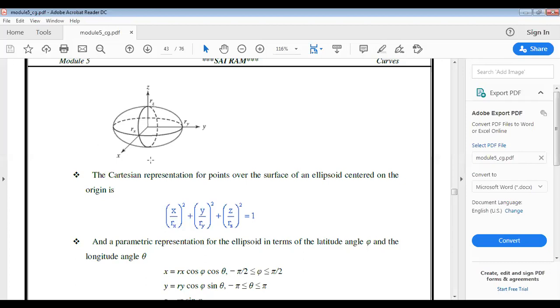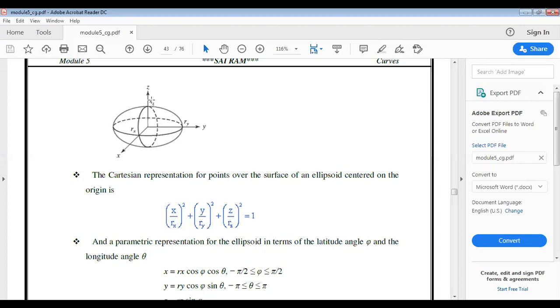See here, this is a clear difference that they have shown. From here to here, this is the radius along the z-axis, which is the ellipse along the z-axis. Now coming to y, this is the radius along the y-axis.